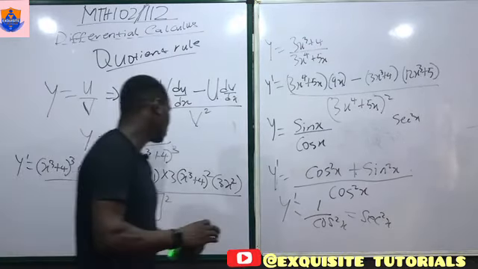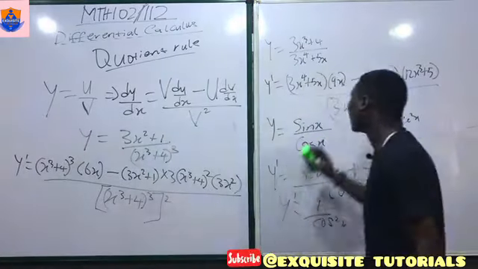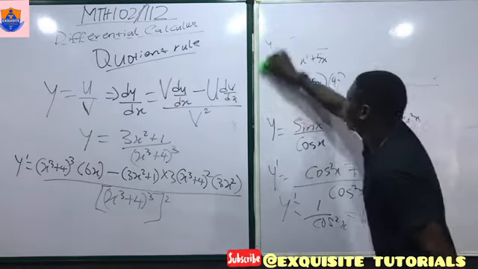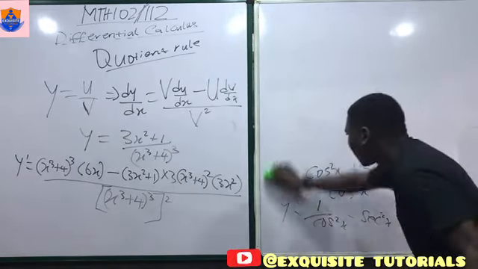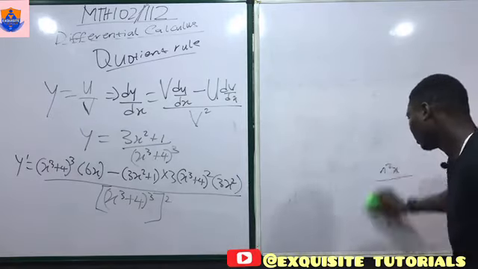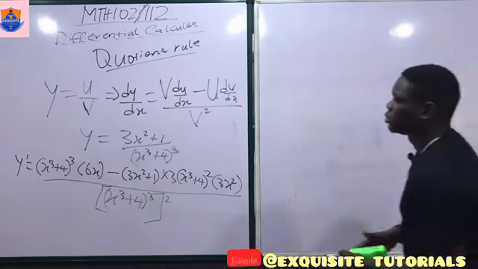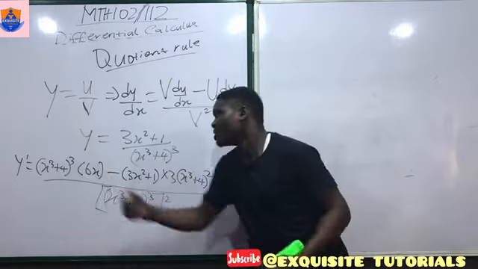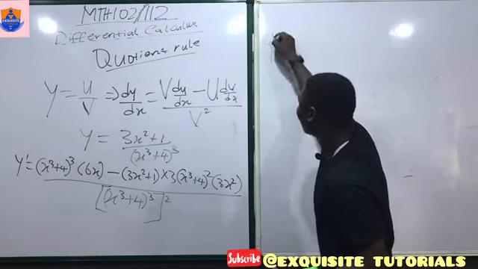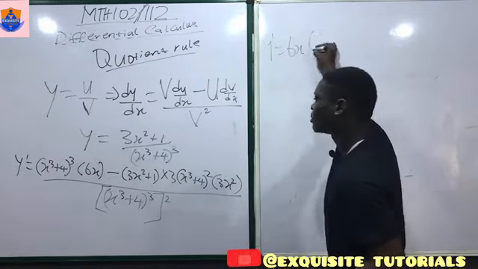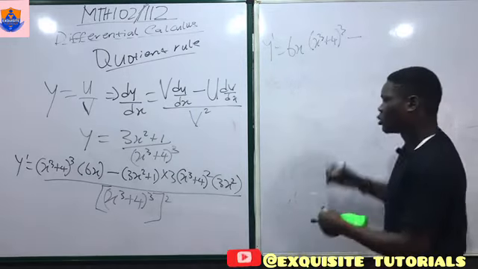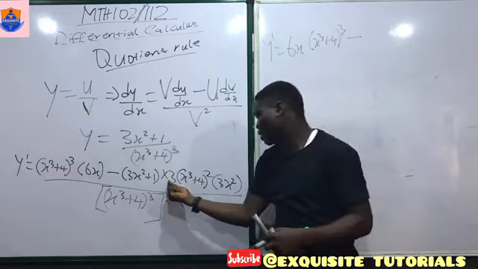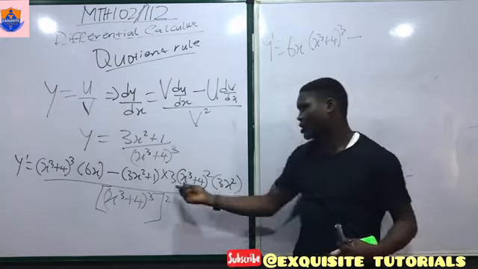So let's just simplify further. Let me write this 6x first. So my y prime becomes 6x times x cubed plus 4 all cubed. Then minus, I want to write this 3 and this together first. 3 times 3 is 9.